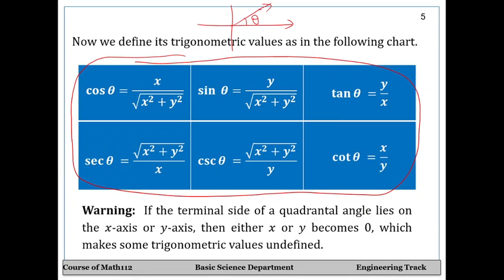So theta can be here, and this xy can be here, or theta can be here, and we might have a point here, xy. And we will use all these formulas to find the trigonometric values for any angle here.